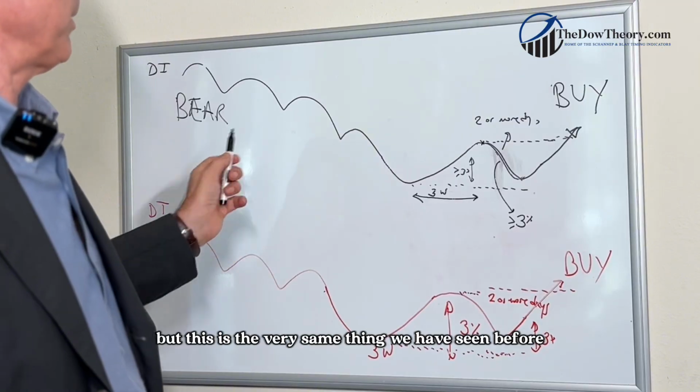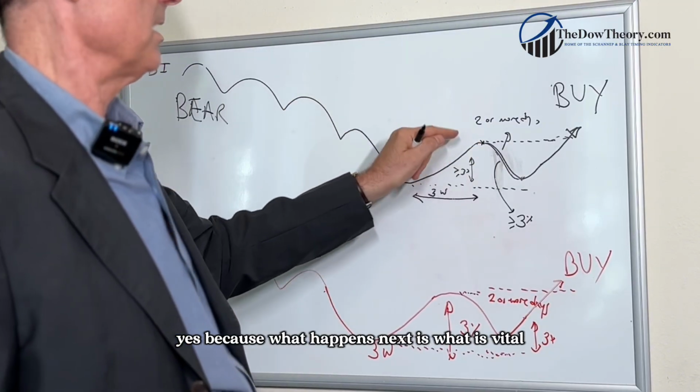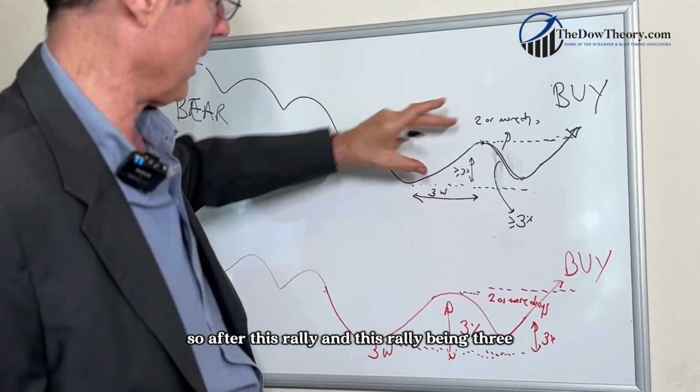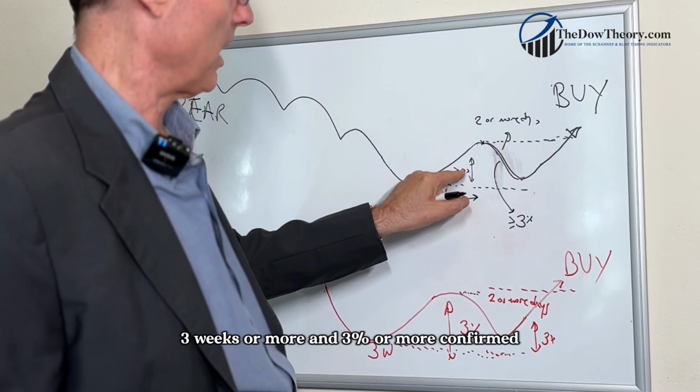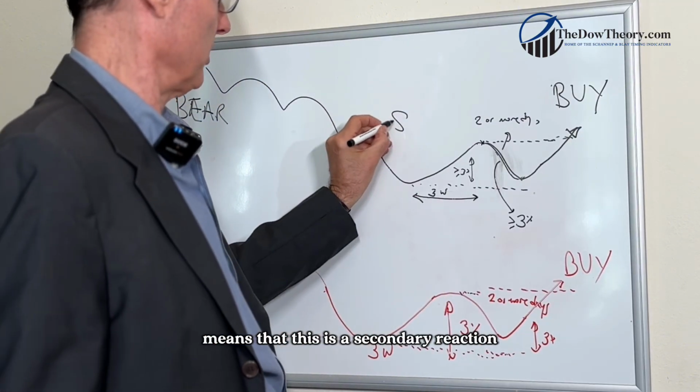And you could say, okay, but this is the very same thing we have seen before. Yes, because what happens next is what is vital. So after this rally, being 3 weeks or more and 3% or more confirmed, this is a secondary reaction.